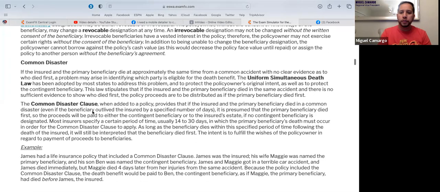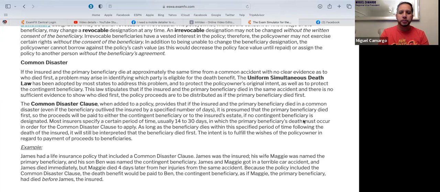So let's read what the common disaster clause says. The common disaster clause, when added to the policy, provides that if the insured and primary died in a common accident, even if the beneficiary outlived the insured by a specific number of days, it is presumed that the primary died first, so the proceeds will be paid to the contingent beneficiary or the insured's estate.